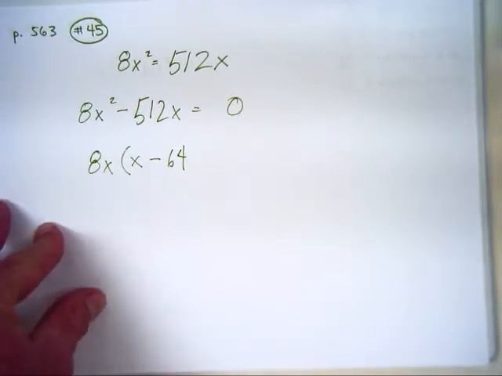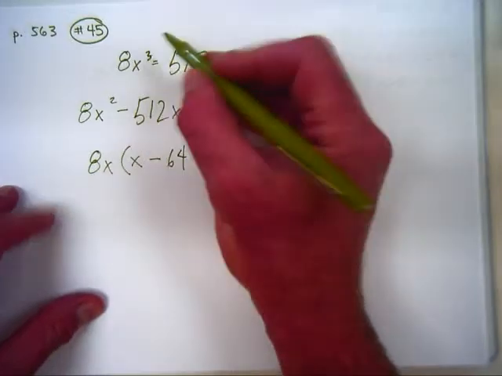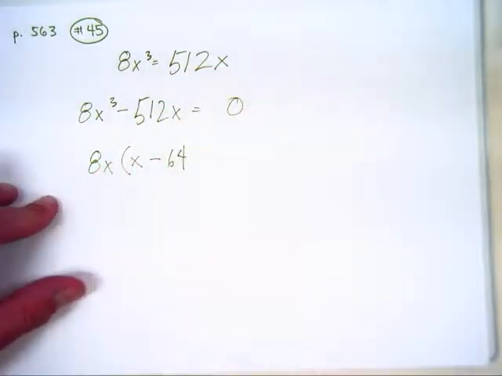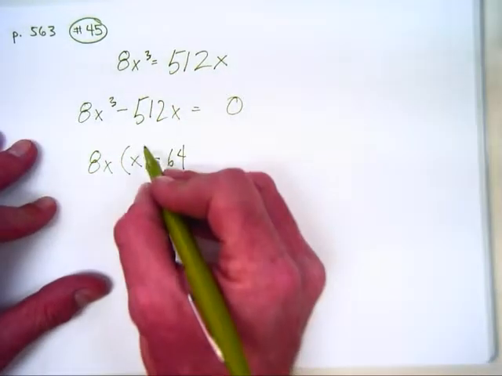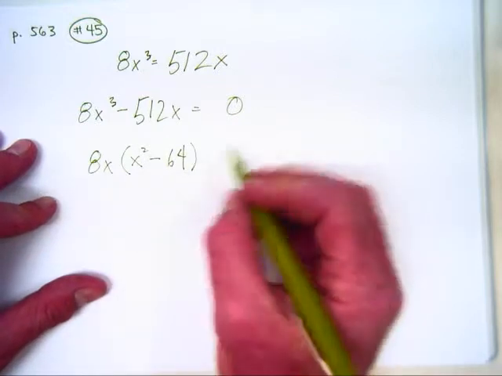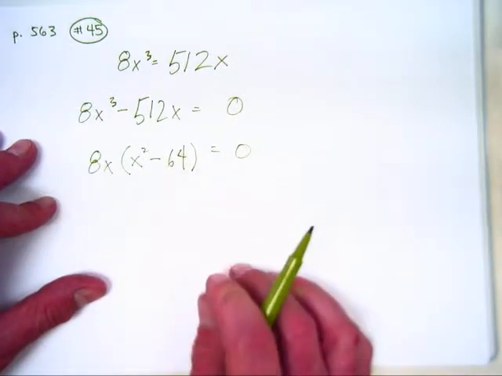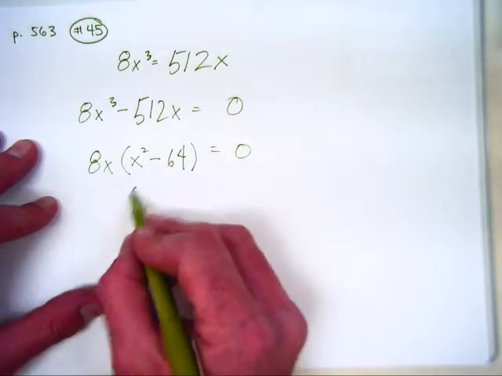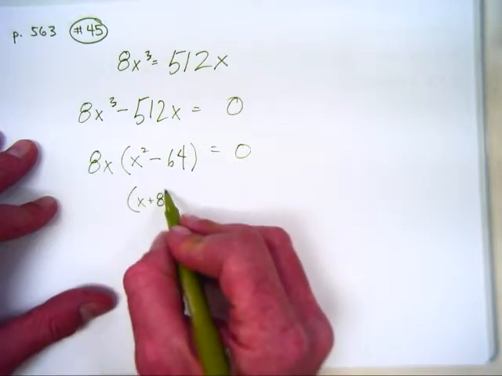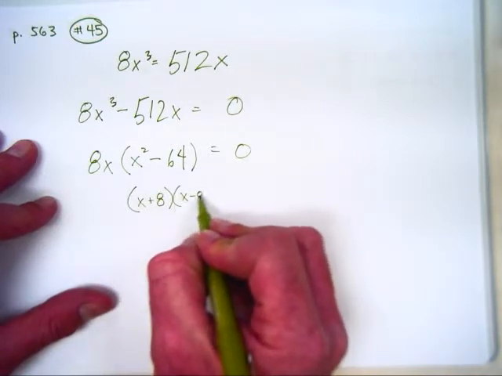Hold on one second. Yeah, number 45 is 8x cubed, excuse me. So this is a cubed here and a cubed here. When I pull out an x, I'm still going to have two x's in there, so we have a difference of two perfect squares that equals 0. This again is a difference of two perfect squares, x plus 8, x minus 8.